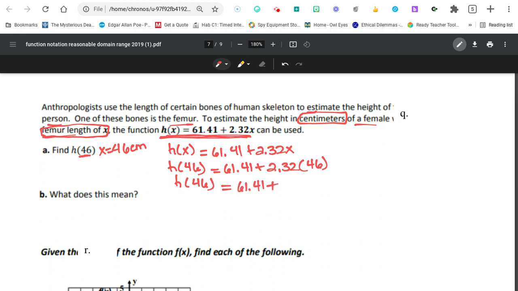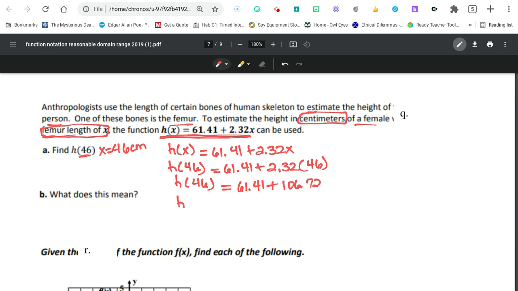I'm going to do 2.32, 2 and 32 hundredths times 46. And let's see what we get. 2 and 32 hundredths times 46 ends up being 106.72. And add that to 61 and 41 hundredths.